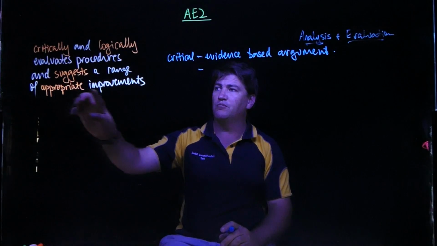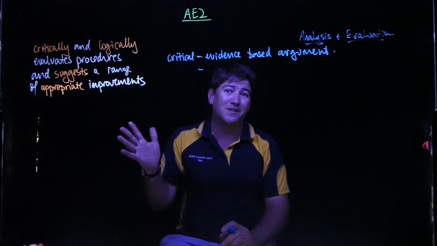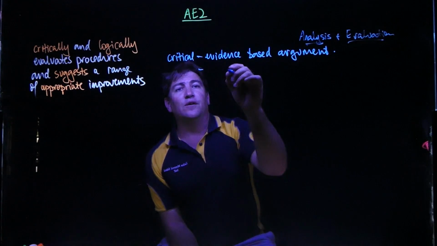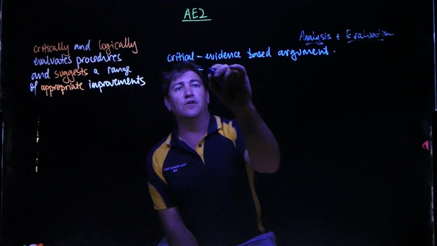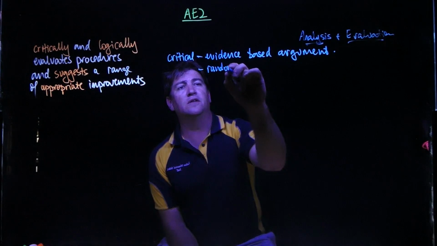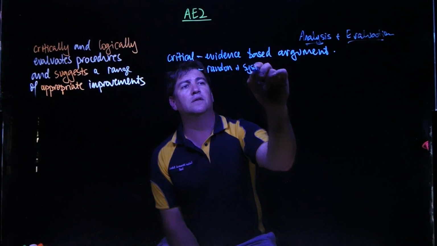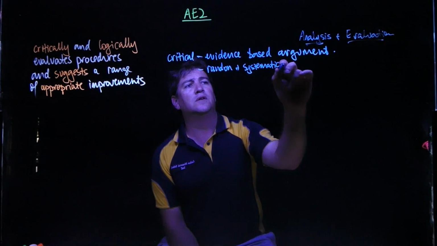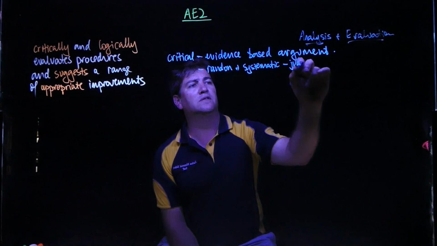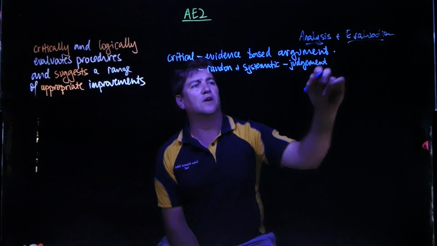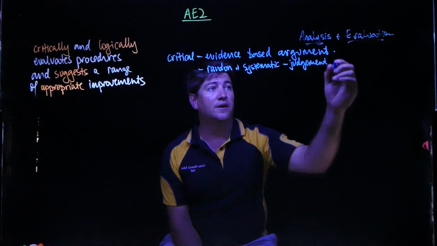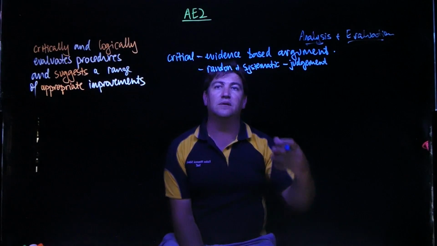So if there's some sort of appropriate improvements, there's got to be something going on that's not quite right. So we've got two types of error: random, systematic. We make a judgment on how significant the error is. So high, moderate, low error.